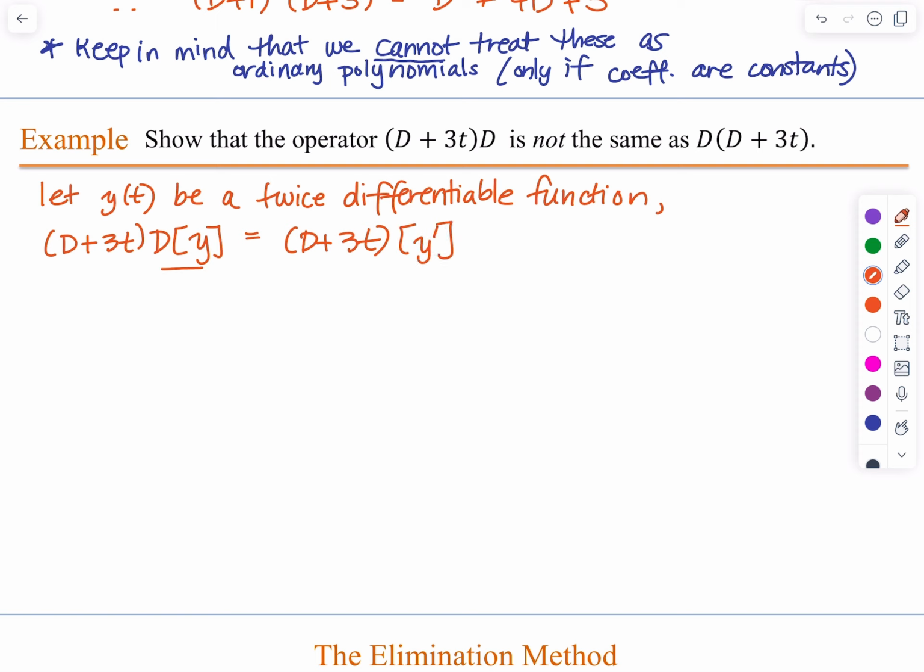That's y prime. And that is equal to y double prime plus 3t y prime. So that is number one. Now, let's look at this second expression.